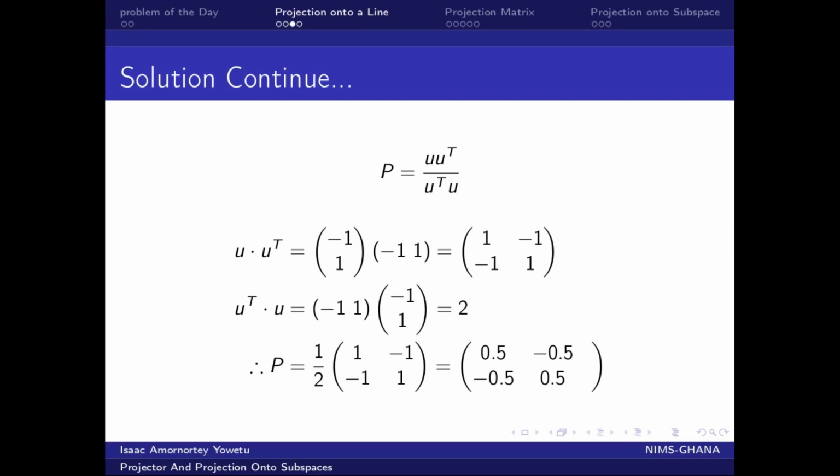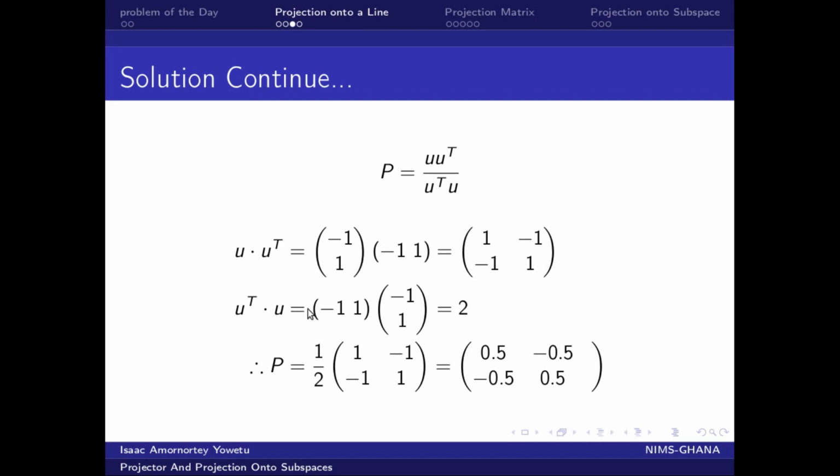Our outer product is U times U transpose, where you know our U to be this and U transpose is this. The product gives us this matrix here: this one times this, this times this, and so on, which gives us the whole of this.